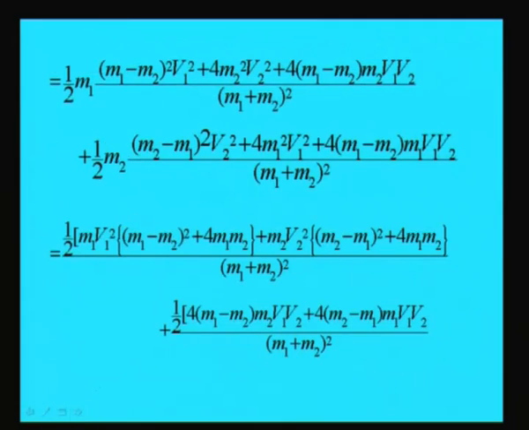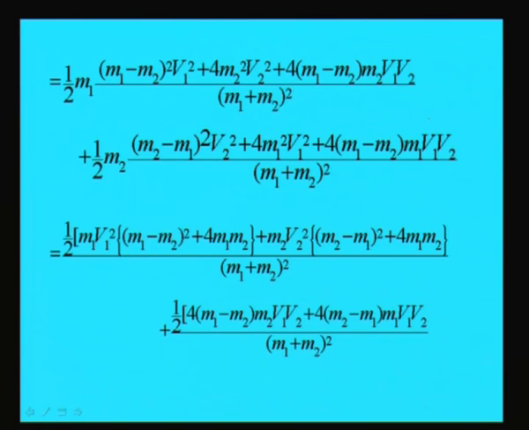We have to do some algebra now to simplify that. That is half M1 times ((M1 minus M2) square V1 square plus 4 M2 square V2 square plus 4 (M1 minus M2) M2 V1 V2), divided by (M1 plus M2) square, plus half M2 times ((M2 minus M1) square V2 square plus 4 M1 square V1 square plus 4 (M2 minus M1) M1 V1 V2), divided by (M1 plus M2) whole square.